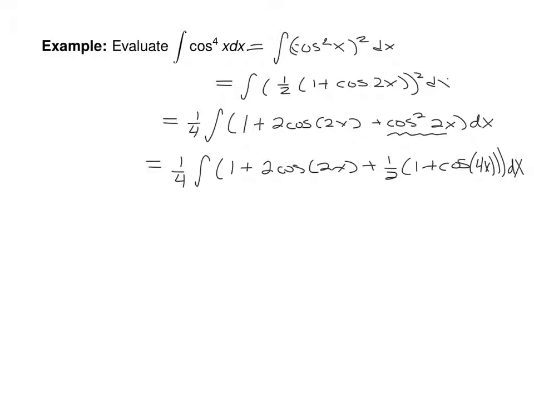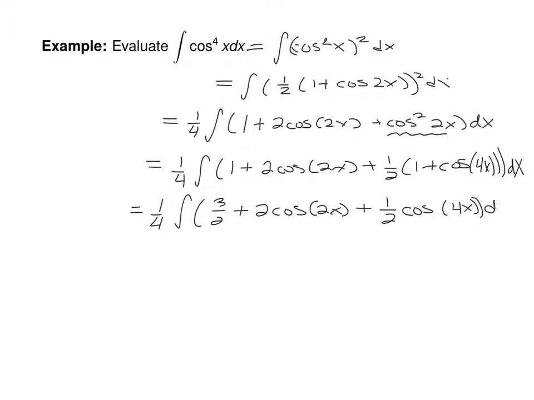Now distribute the 1/2 and combine like terms. 1 plus 1/2 is 3/2. So 1/4 integral 3/2 plus 2 cosine of 2x plus 1/2 cosine of 4x dx. Lovely. And now you're in business.